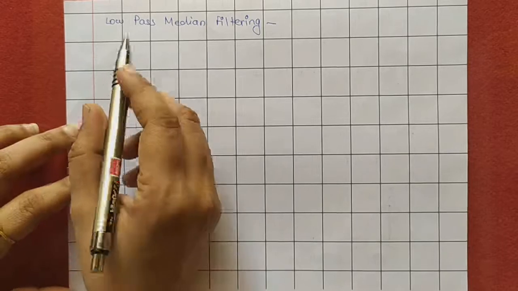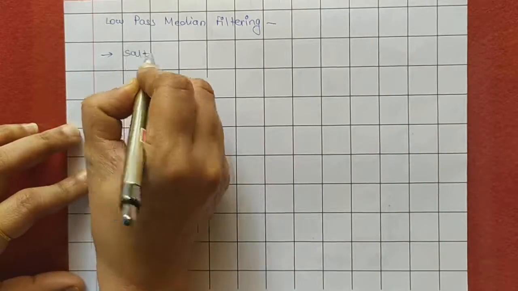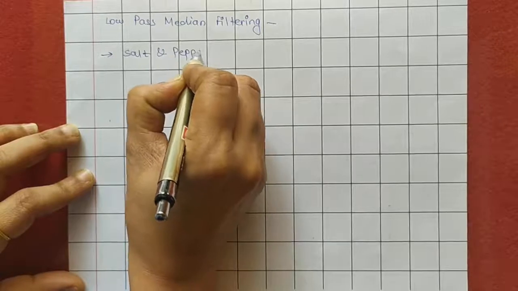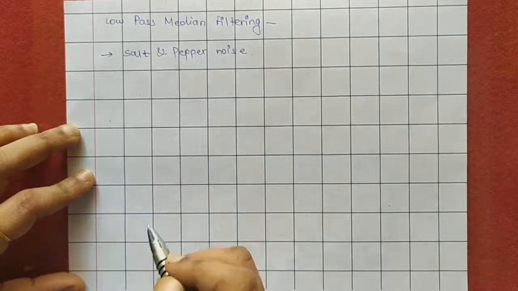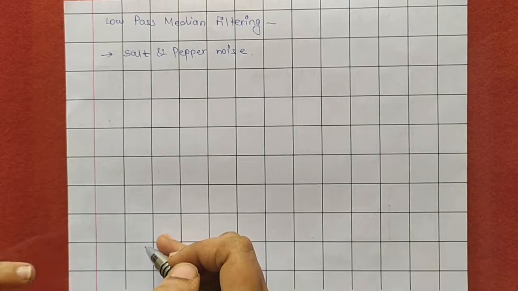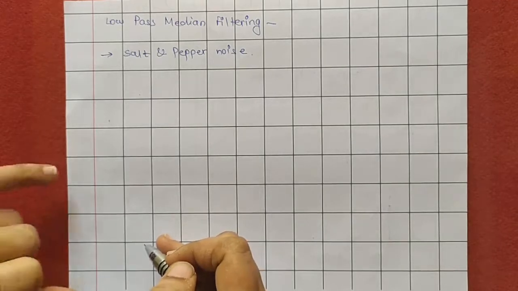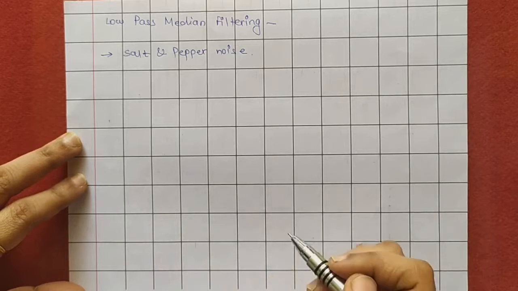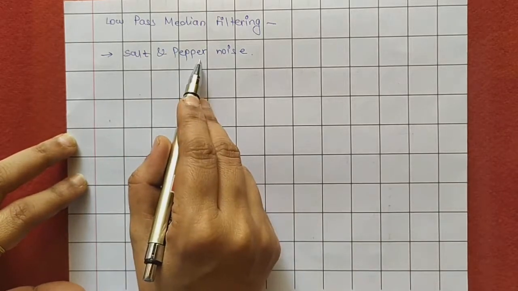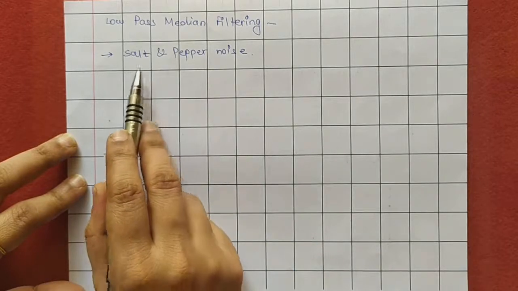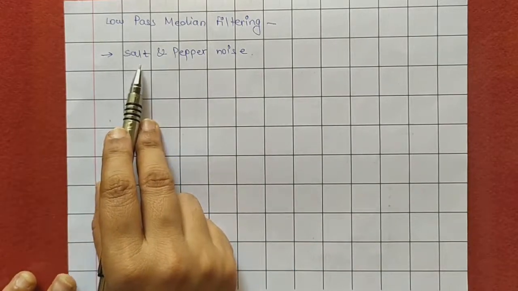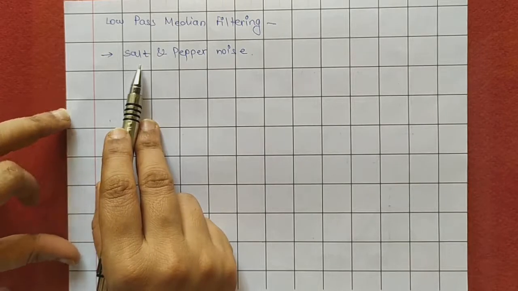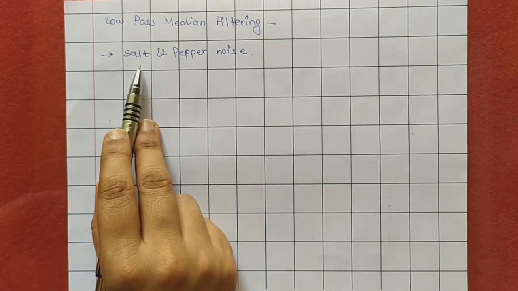But if salt and pepper noise is present in the image, then we cannot use the averaging filter, because salt and pepper noise is spread all over the image in terms of bright and light dots. If we use the averaging filter, it will blur the noise and also blur the edges, and it will ruin our whole image.